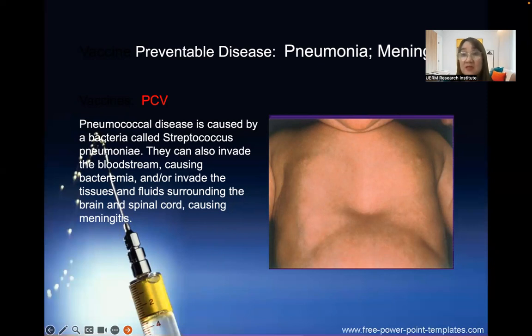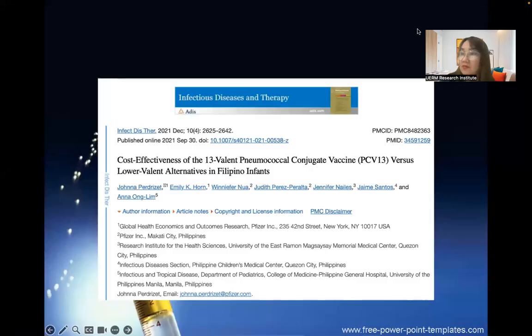Pneumococcal diseases such as pneumonia and meningitis are common causes of sickness and death worldwide, especially among young children under 2 years old. If you're interested, you can look at our article which we wrote about the cost effectiveness of the 13-valent PCV versus the lower valent alternatives in Filipino infants.